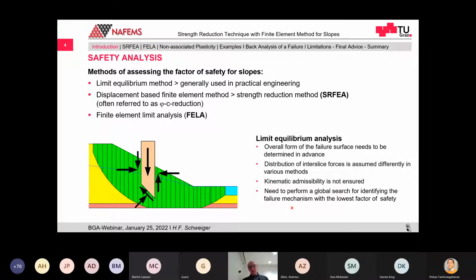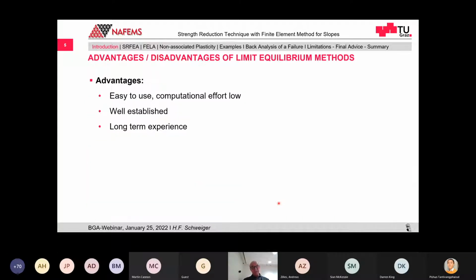By the way, at some stage we did some tests with different codes, and even with the simple method of slices, you do not always get the same answer using this officially the same method with different codes. The reason is that you have different methods of identifying the critical failure mechanism.